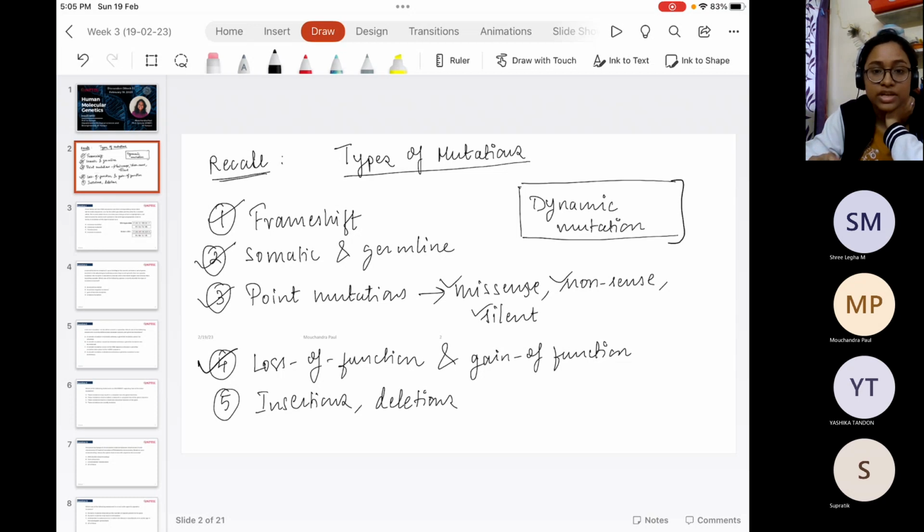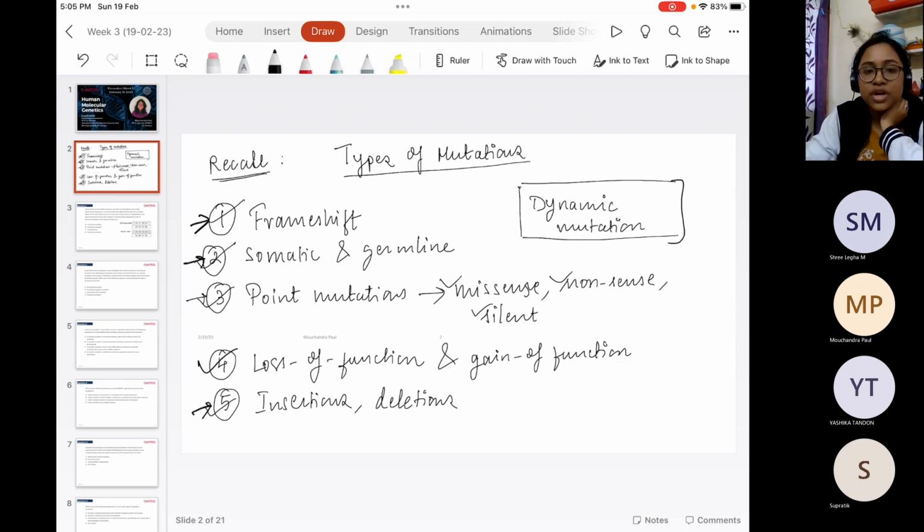Then loss of function and gain of function mutation, right? Any of the above three mutations can be categorized as either loss of function or gain of function. Insertions and deletions also refer to the addition or deletion of a few base pairs. So these four types of mutations can be categorized as loss of function or gain of function.